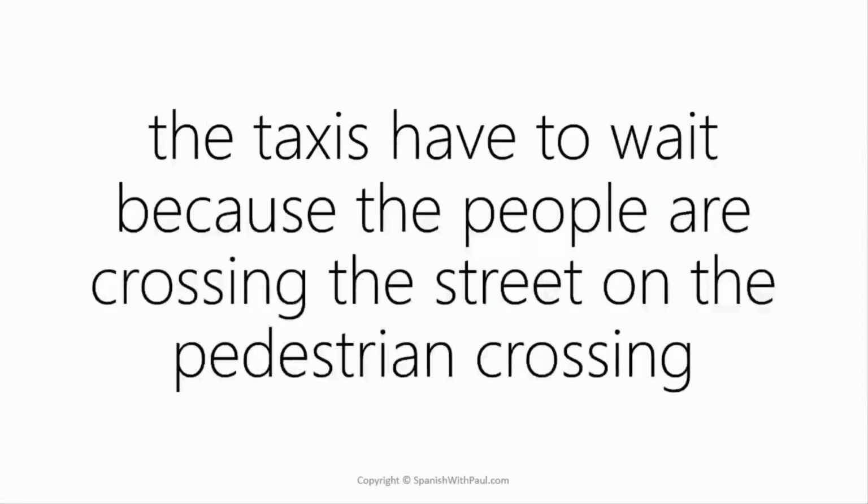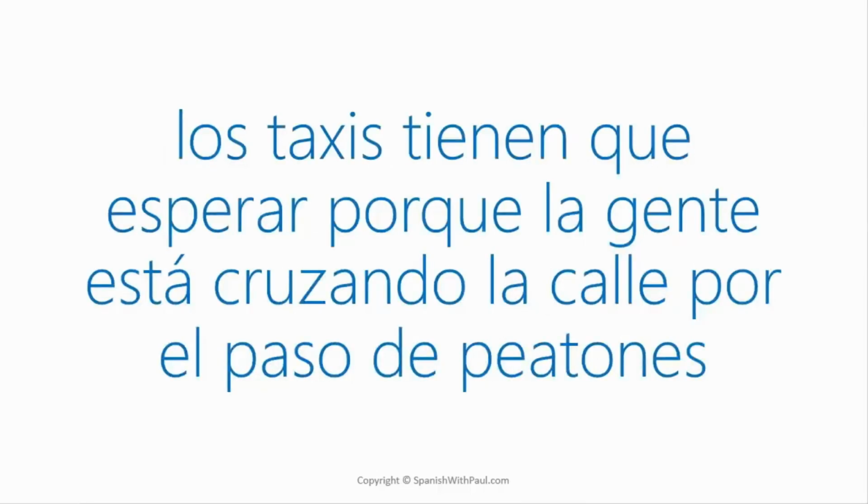Here's a final challenge for you. How would you say the taxis have to wait because the people are crossing the street on the pedestrian crossing? Los taxis tienen que esperar porque la gente está cruzando la calle por el paso de peatones.